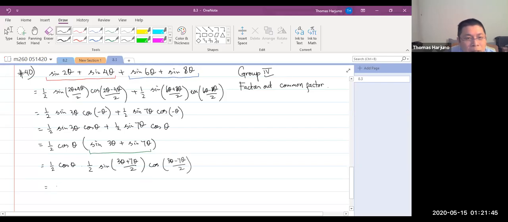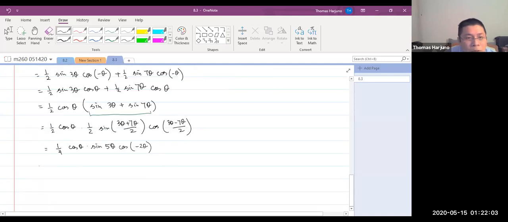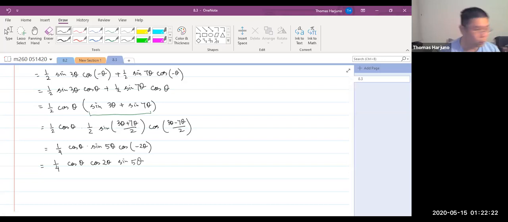So that will be 1/4 cosine theta and sine 5 theta cosine negative 2 theta, right? And I can take that negative out for free because cosine is even. So it will be cosine theta, cosine 2 theta, sine 5 theta. Okay, well, that's a long one, huh? But that may be useful when we do proofing later on.